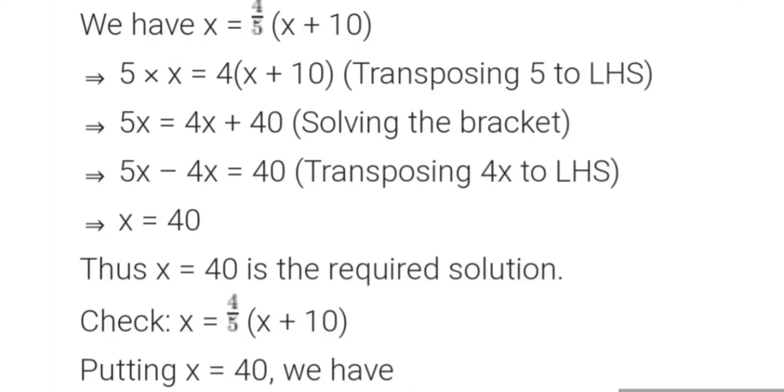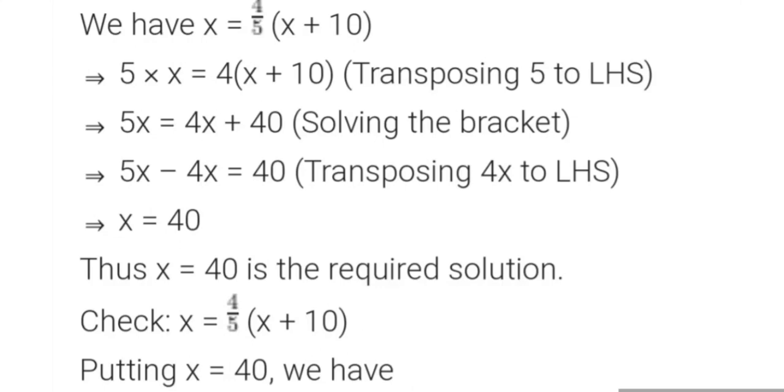So 5x is equal to 4 into x is 4x, plus 4 into 10 is 40. Now this 4x we will transpose to the left hand side. So 5x minus 4x is equal to 40. 5x minus 4x is equal to x. So x is equal to 40. Means this is the required solution.